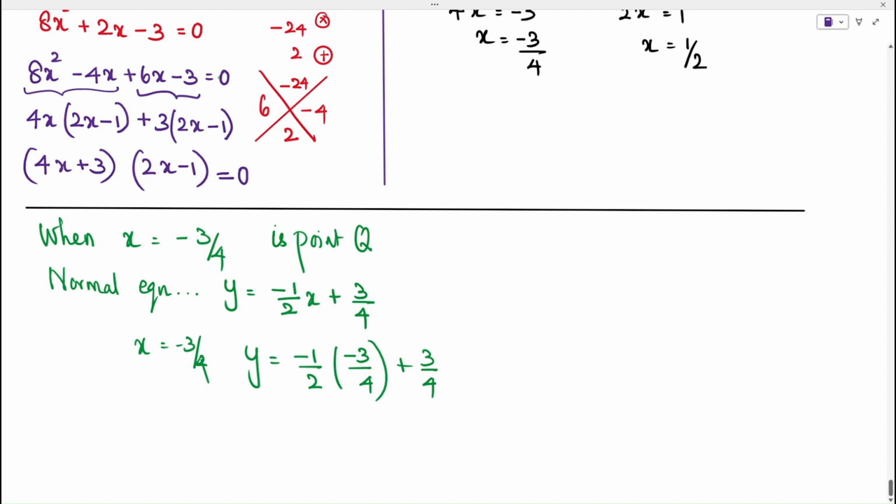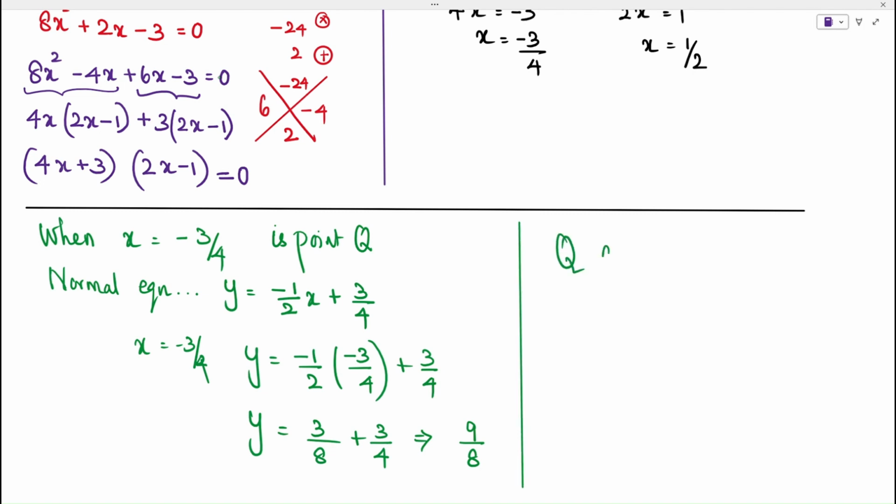So when we simplify this down, we get y is equal to positive 3 over 8 plus 3 over 4, and this is equal to 9 over 8. So our coordinates for Q are minus 3 over 4, comma, 9 over 8.